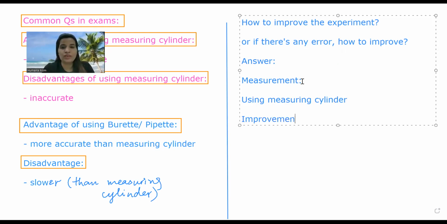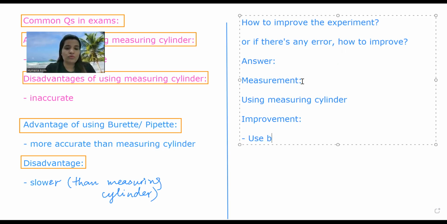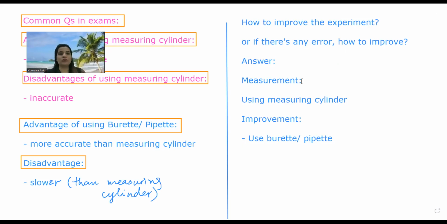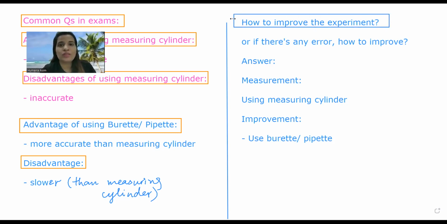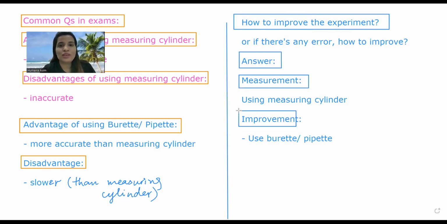The improvement will always be to use a burette or pipette. So in terms of burette and pipette, you remember all these points that I have given you, what they are and where they can be used, because these are very common questions in terms of measurement and improvement.